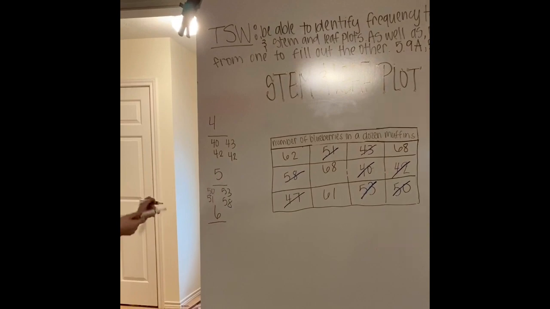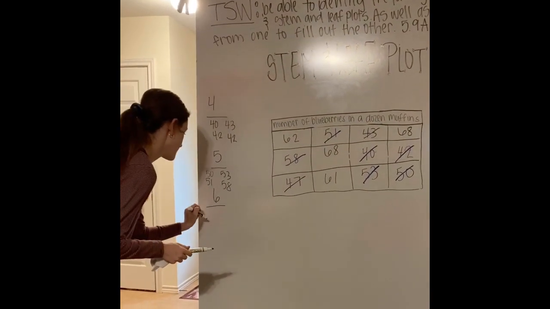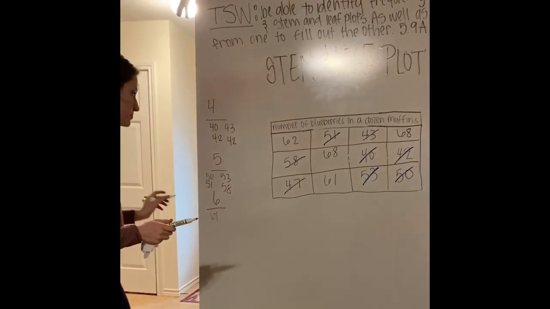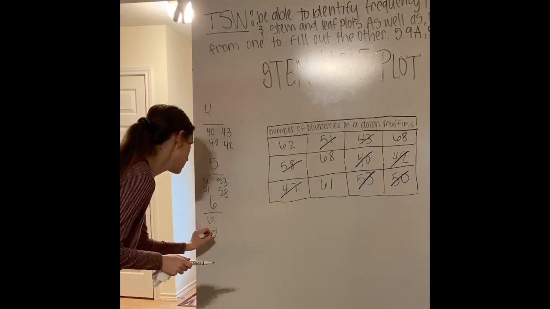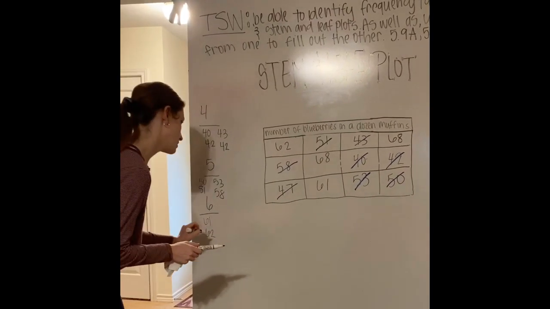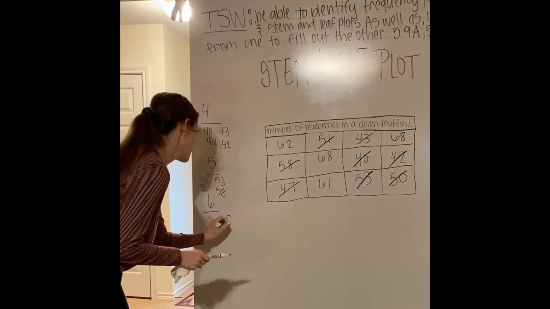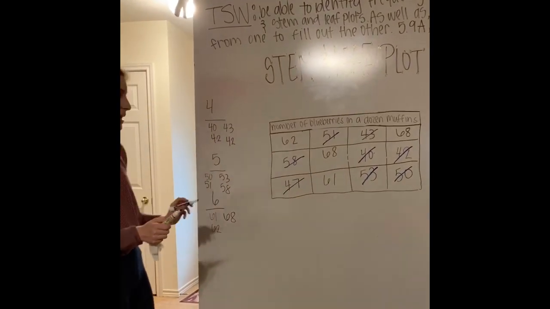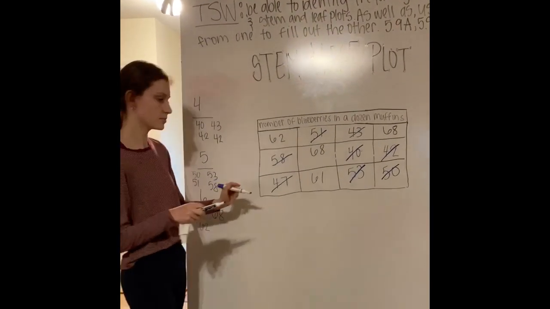And for our 60s, we have a 61, a 62, and 2 68s. Put it down both times.